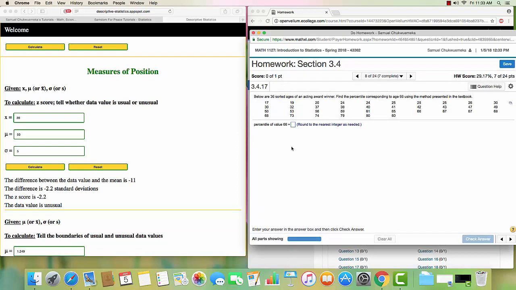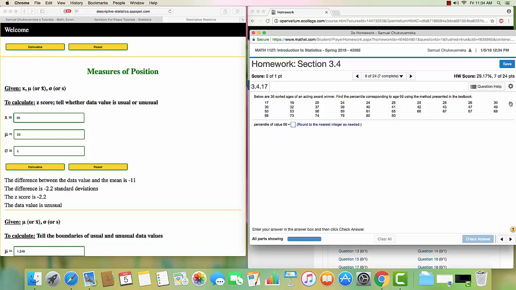Question 8. Below are 36 sorted ages of an acting award winner. Find the percentile corresponding to age 66 using the method presented in the textbook. All right, so in this case, we're going to use Statcrunch.